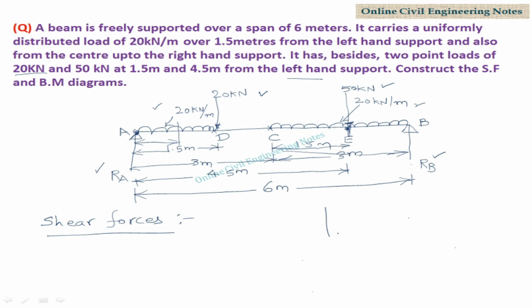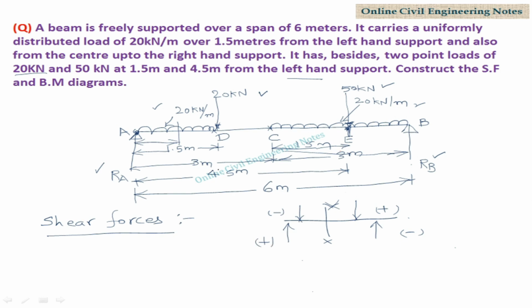For a section XX on the beam, the right side vertically upward force is taken as negative value. The vertically downward force acting on the right side of the section is taken as positive value. Similarly, for the left side of a section XX, vertically downward force is taken as negative value, vertically upward force is taken as positive value.